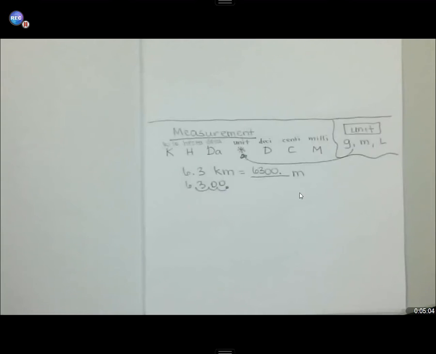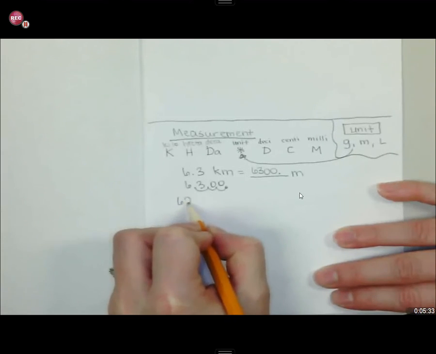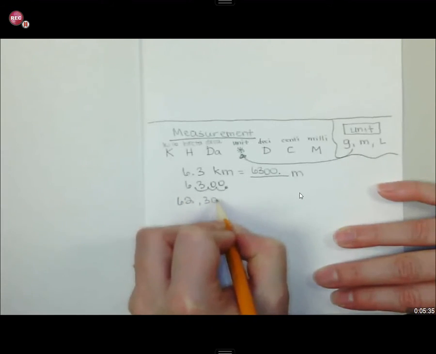Now, we're going to do another example on that worksheet. And let's go the other way. Okay, if you look at 3B, it says 62300.